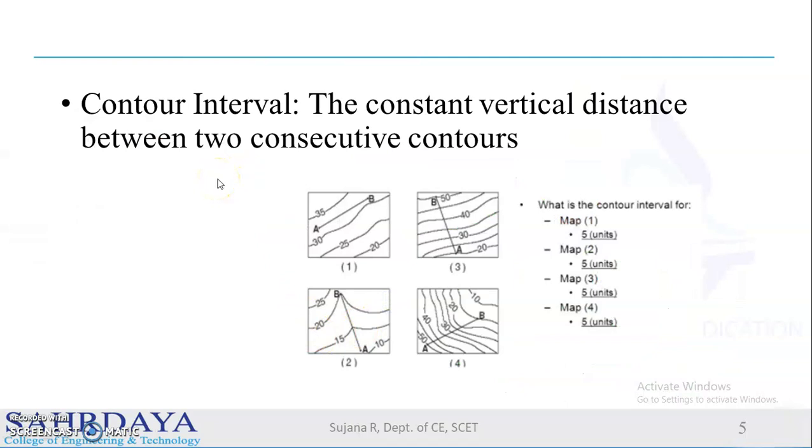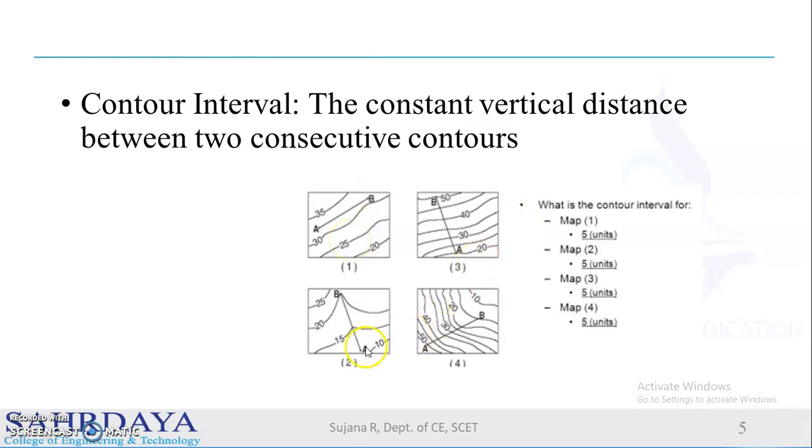The next term is the contour interval, which is the constant vertical distance between two consecutive contours. It can be explained by observing the figures. In the first figure, the contours are 20, 25, 30, 35, which means after 20 the next contour is at a height of 25 meters. So the interval or vertical distance between two consecutive contours is 5 units.